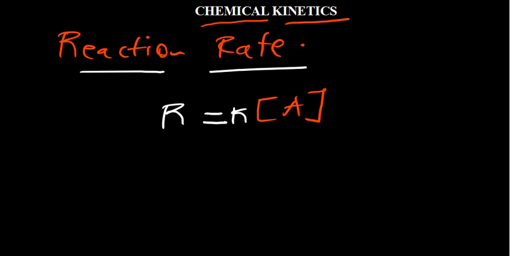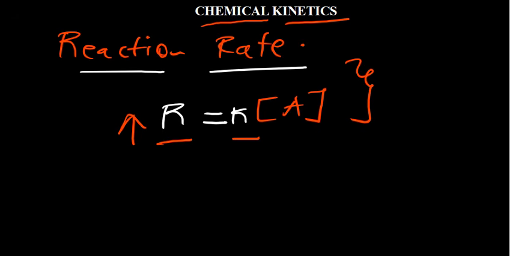This is an equation that is helping us understand what is going to be happening. It means that the greater the constant k, the greater the rate of the reaction. The lower the rate constant, the lower the rate of the reaction.